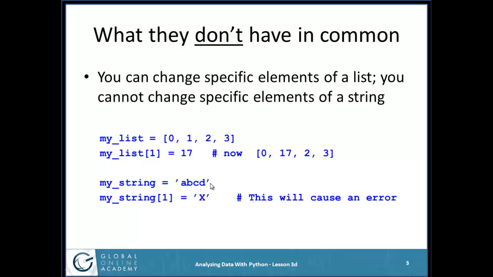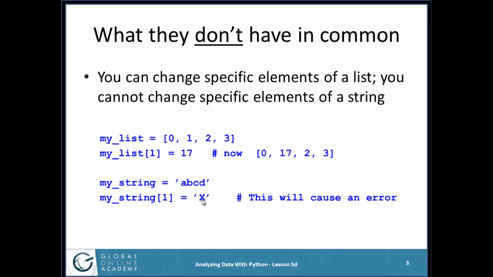But if we try and do something similar to that with a string, my string equals quote ABCD. If we did the length of this string, it would have 4 elements in it. If we tried to print out just my string square bracket 1, it would print out the letter B. I can refer to slices, but if I try and put the slice on the left side of an equal sign and use it for assignment, if I say, let's change my string square bracket 1 to the letter X, it will cause Python not only not to do it, but your program will stop with an execution error.